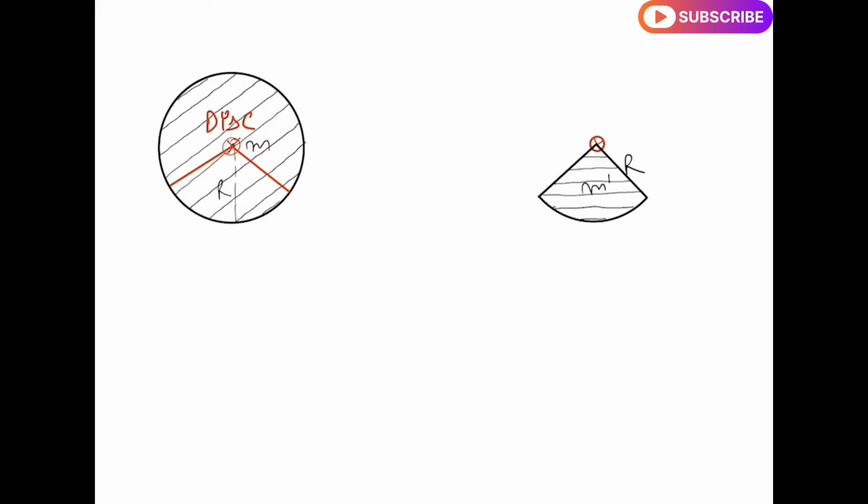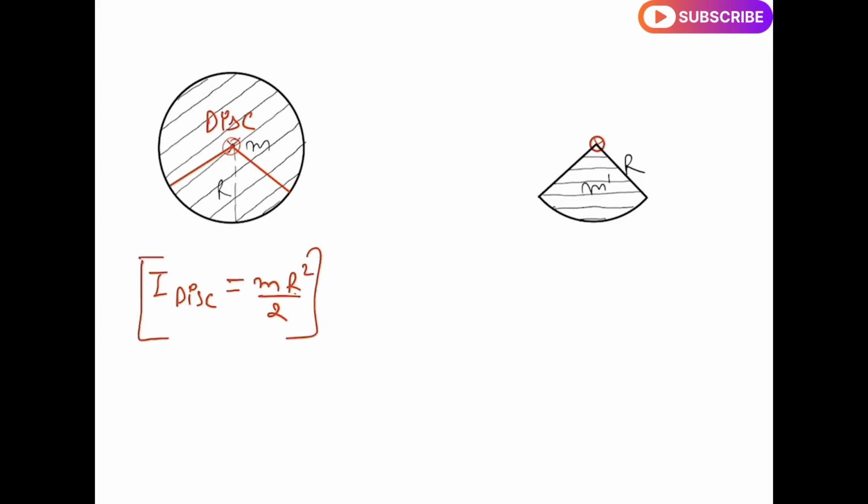If we write down the moment of inertia formula of this disk about this axis which is passing through the center of the disk, then it would be m r square by 2, where r is the radius. So this is m r square by 2.